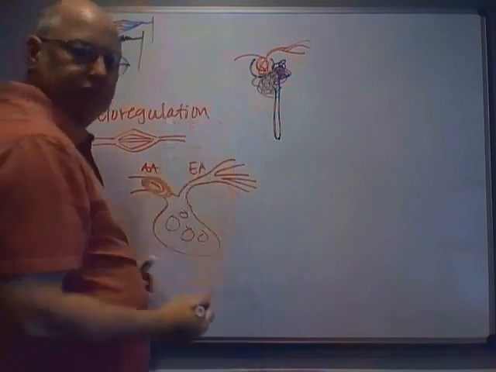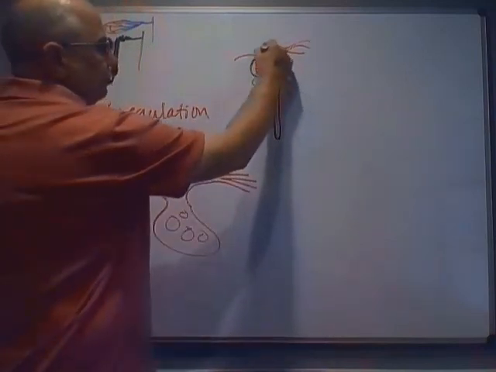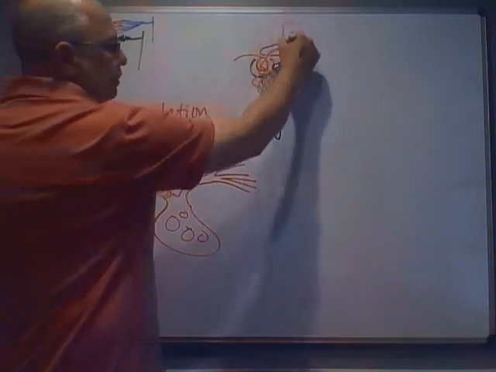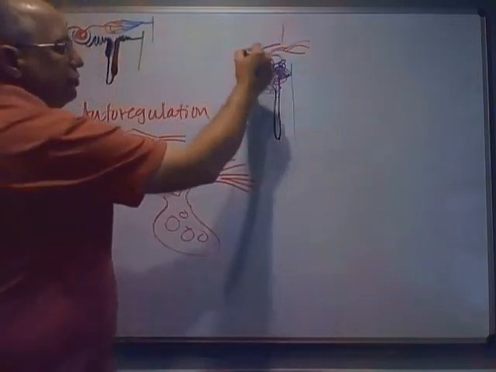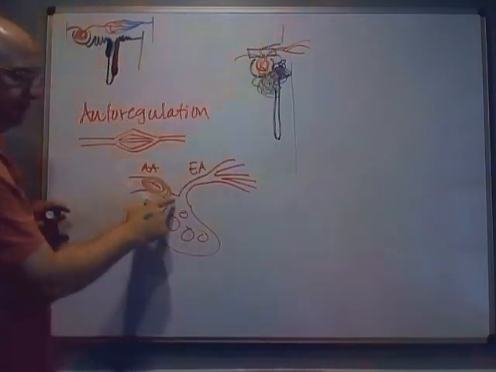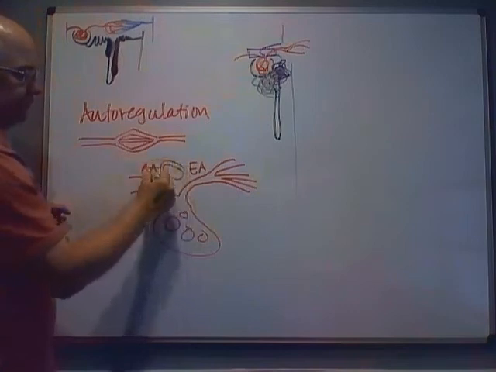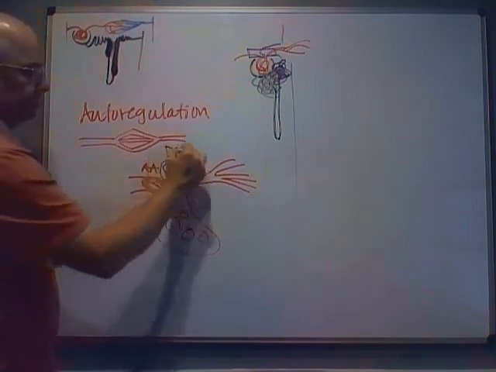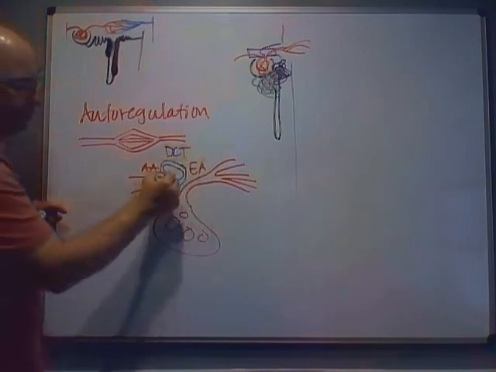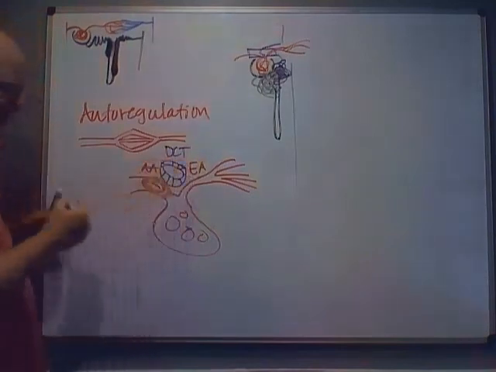Sometimes they look indistinguishable. But one of the things that happens is a piece of the distal convoluted tubule will loop over here before it goes to the collecting duct. And so if I cut this little section out, I'm going to get the afferent arteriole, the efferent arteriole, and I'm going to get a piece of the distal convoluted tubule here. And on one side, the cells are a little bit thicker than they are on the other side.